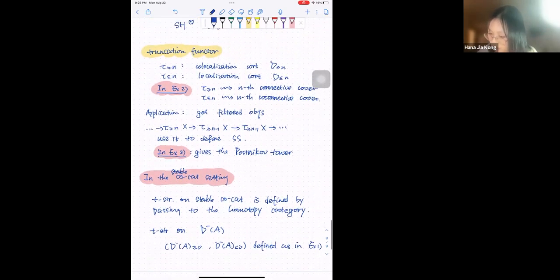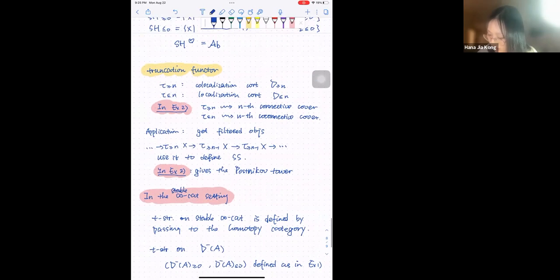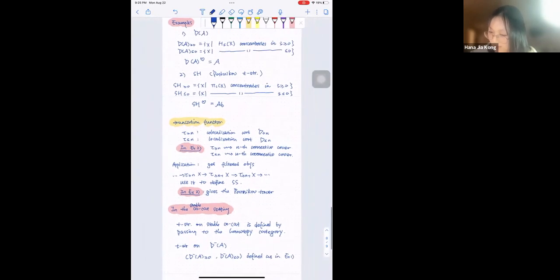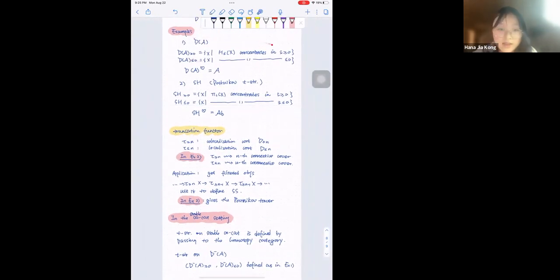In this example, we have mentioned that the homotopy category of this is the classical bounded derived category.